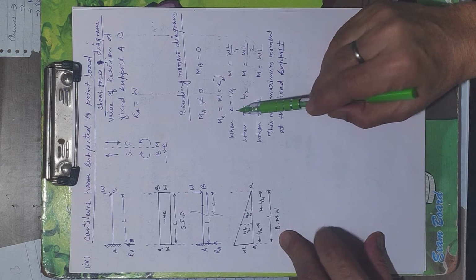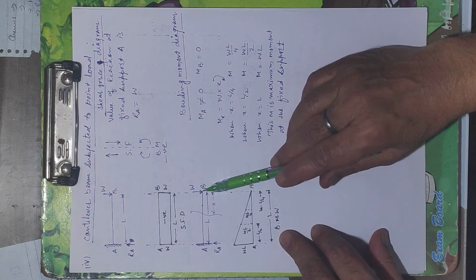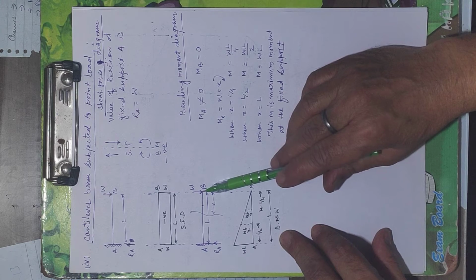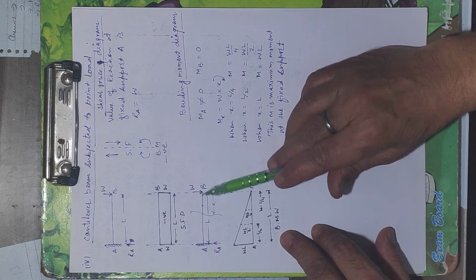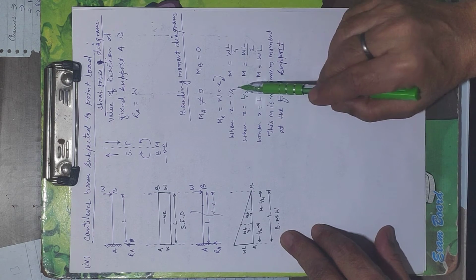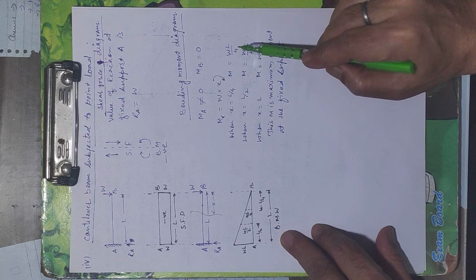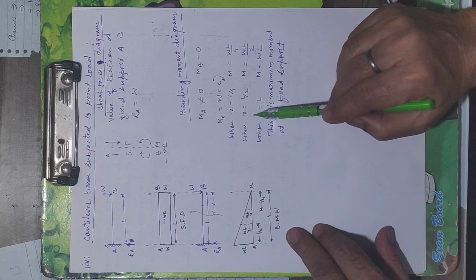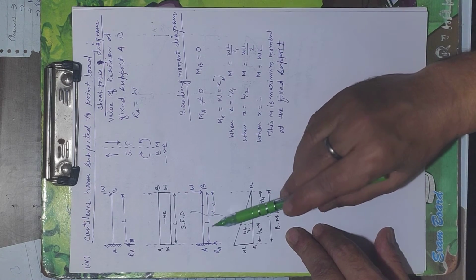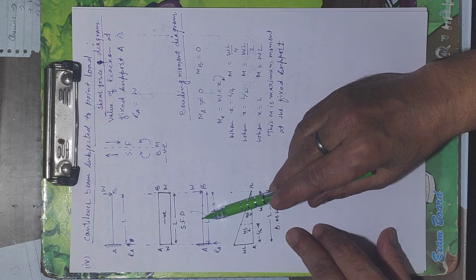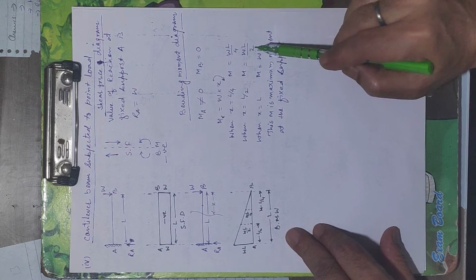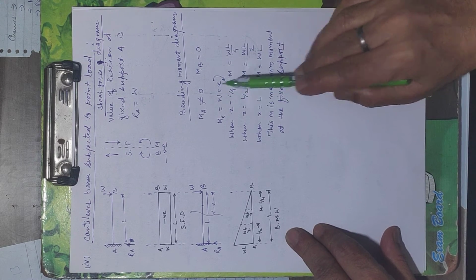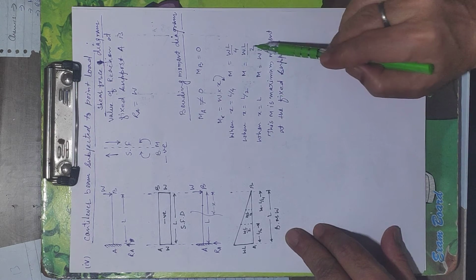From B, if we want to know the moment at a distance L by 4, one-fourth of this distance, the moment would be WL by 4. When x is L by 2, that means we want to calculate the moment at the midpoint of the beam, we put the value of x as L by 2, so it is WL by 2.